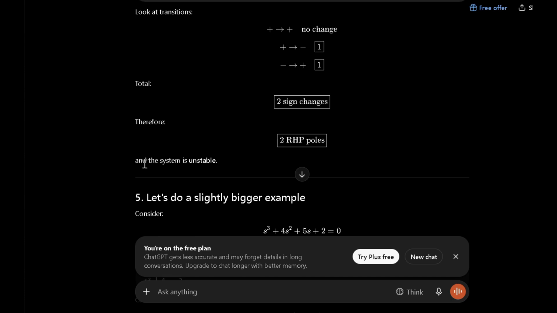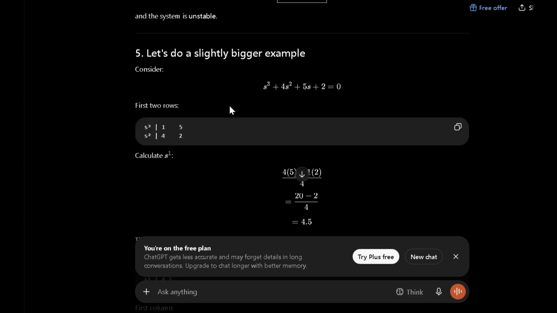Next is a slightly bigger example. Consider s^3 + 4s^2 + 5s + 2 = 0. First two rows: s^3 is 1, 5. S^2 is 4, 2.